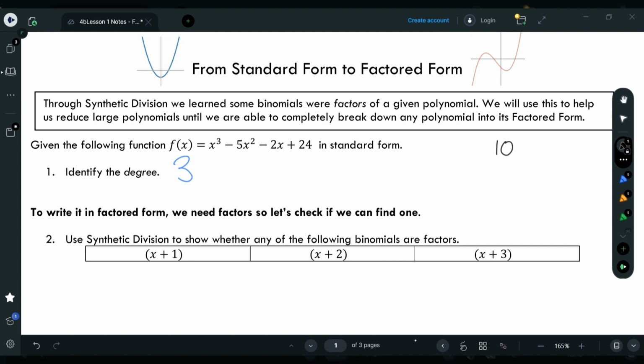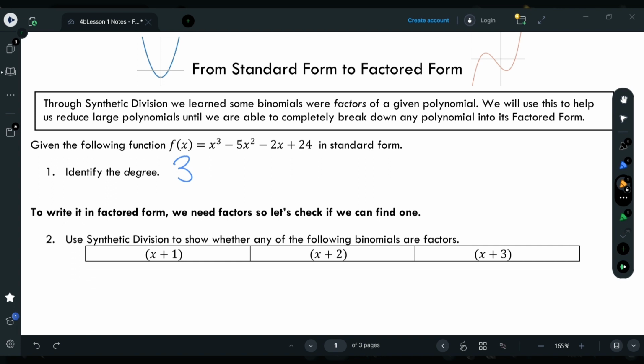If we divide 10 by 2, then what we get over here, 5, is another factor of 10, and we can write the 10 in factored form like this, 2 times 5. This is factored form because these pieces are multiplying together. Okay, so we're going to do the same thing here. We're going to look for a factor, and then we're going to divide.